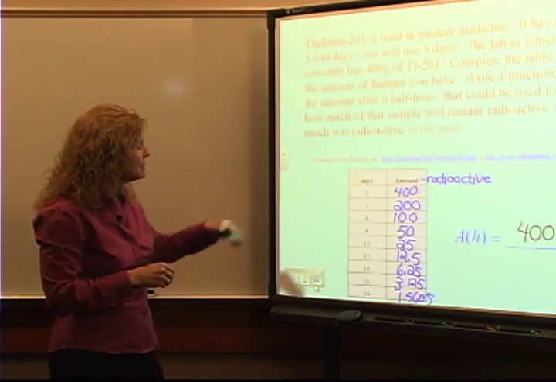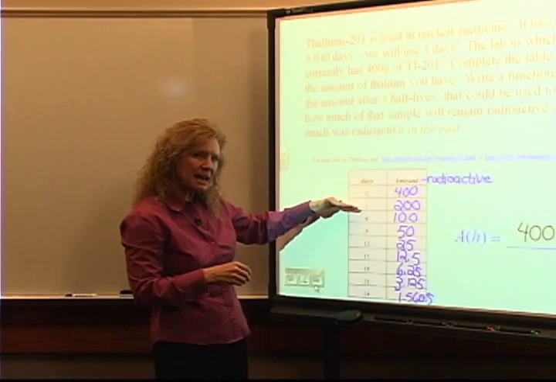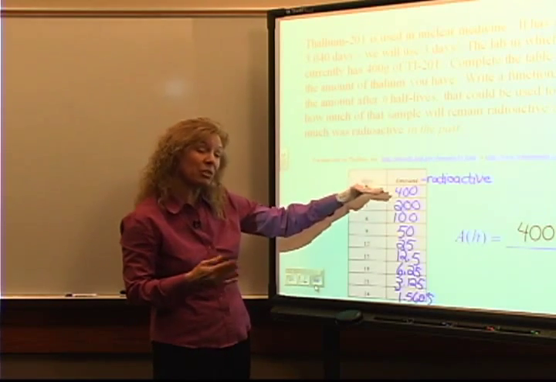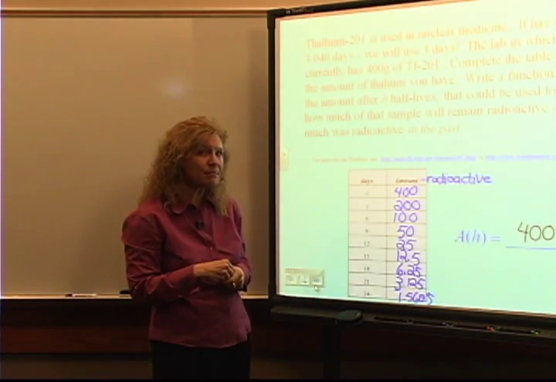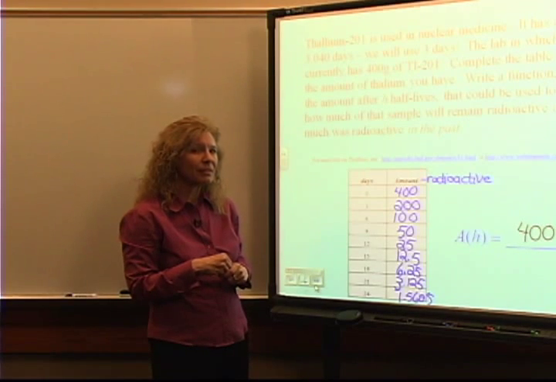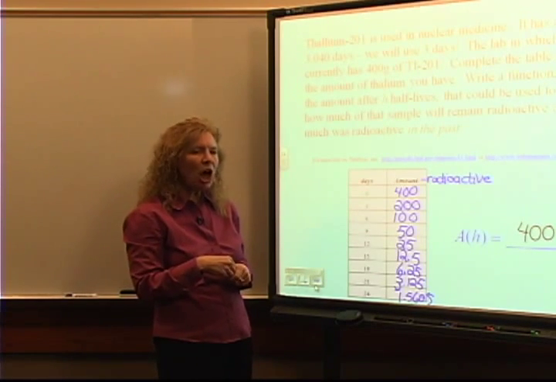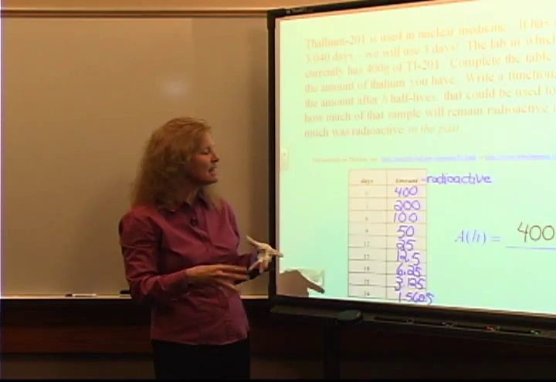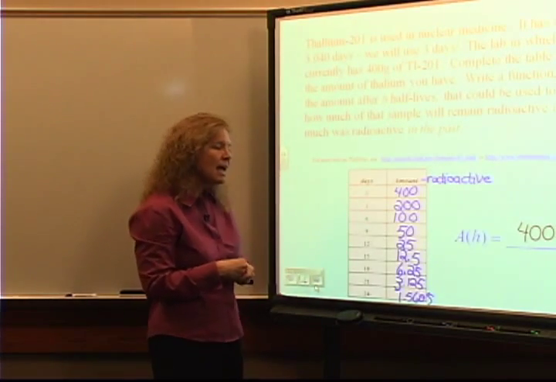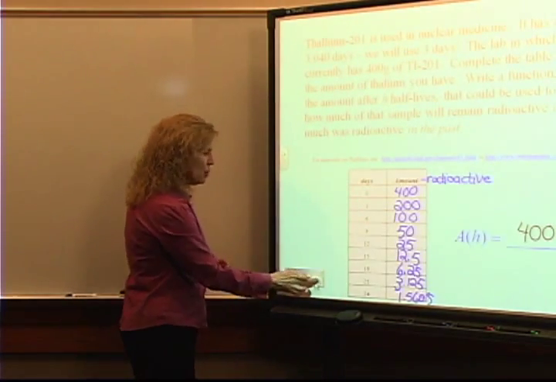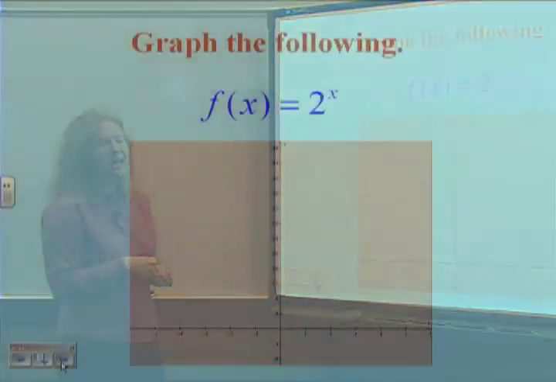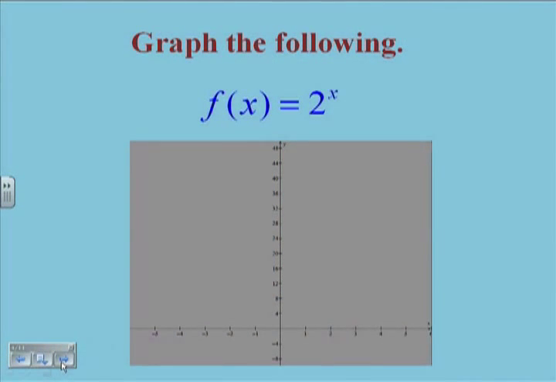Meaning, at some time within those 3 days, do you think we had 300 grams radioactive? I think probably a lot of you have some rough idea of what this process is like, and that's why we can go on and look at these exponential functions.